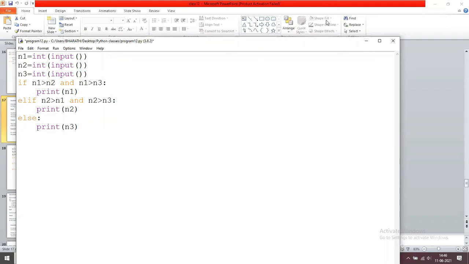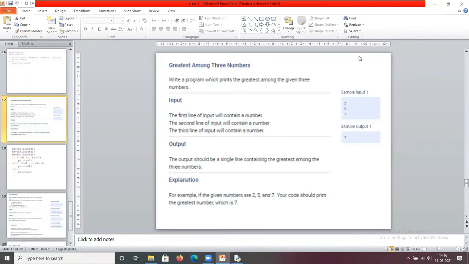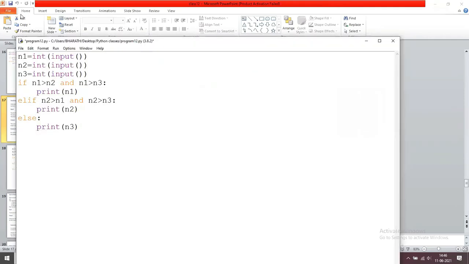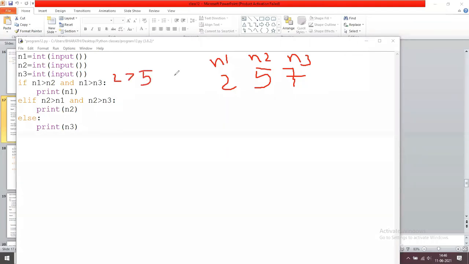Okay, here we are going to take 2 5 7 as an example. 2 means n1, 5 means n2, 7 means n3. The first one, n1 greater than n2, that means 2 greater than 5, and 2 greater than 7.